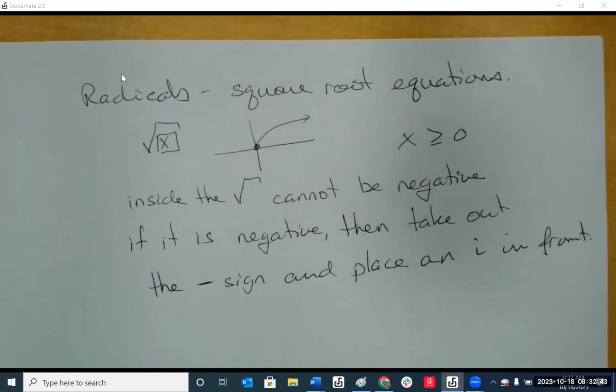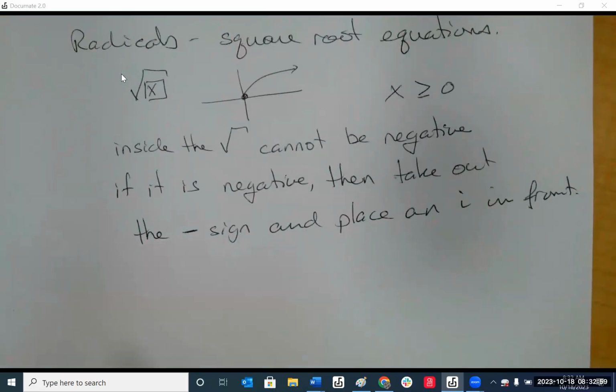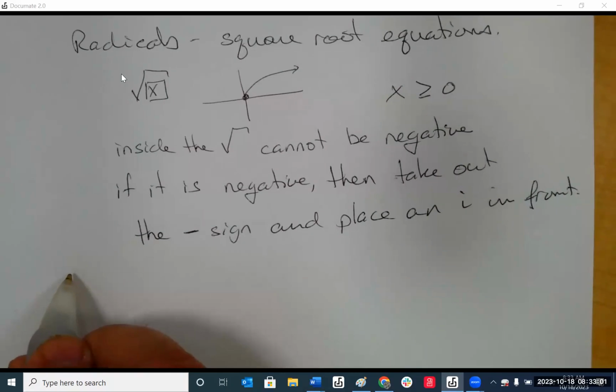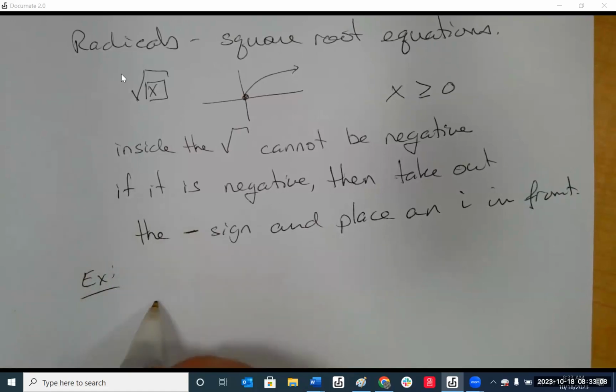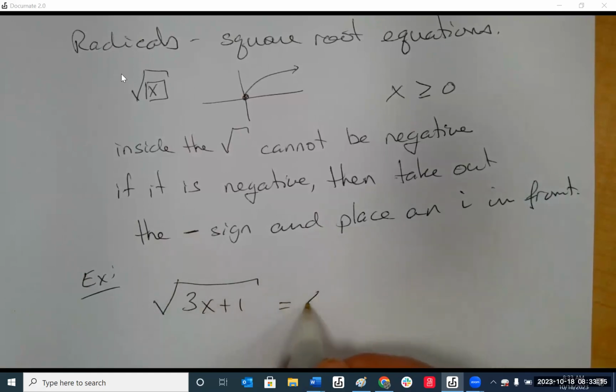Remember, whenever you have a negative inside a square root, it becomes imaginary. So here's an example: square root of 3x plus 1 equals 4.